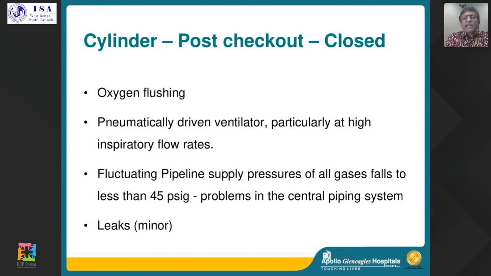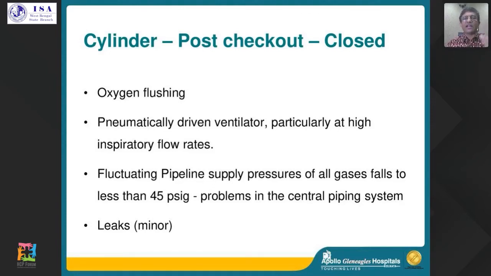You have a pneumatically driven ventilator, which again requires high flows, that can at times take in oxygen from the cylinder. For certain reasons, if the pipeline supply pressures are fluctuating and going down to less than 45 psig, unknowingly you will get oxygen coming out from the oxygen cylinder and you won't understand.